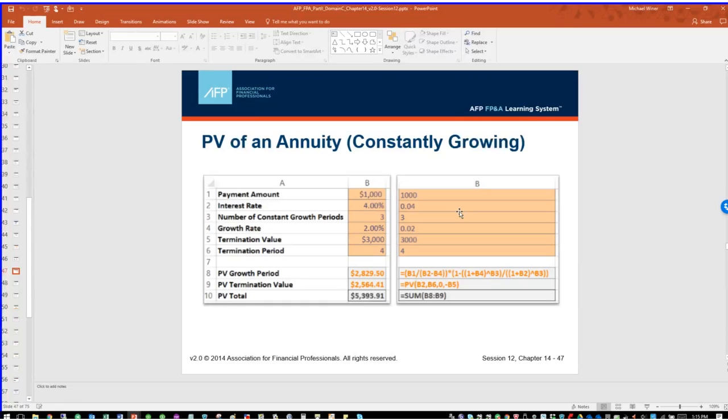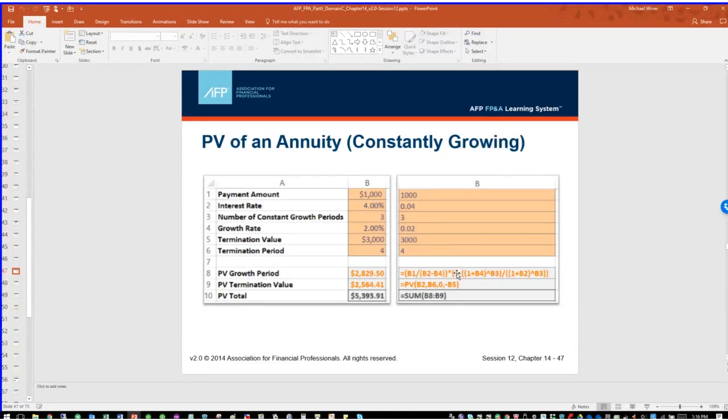The way you set up this present value, and again, this is a constantly growing annuity, so it's growing at a specific rate, which in this case is 2%, is to value two pieces and put them together. In cell B8, we model the growth period and its present value, and that formula is here.